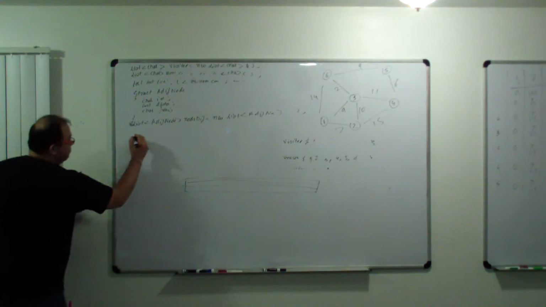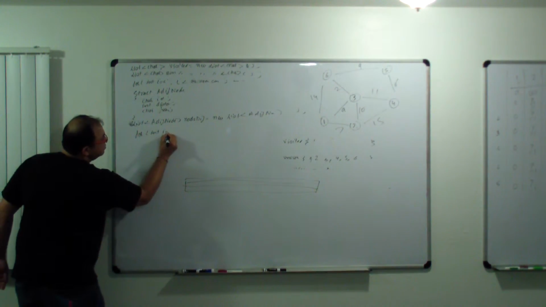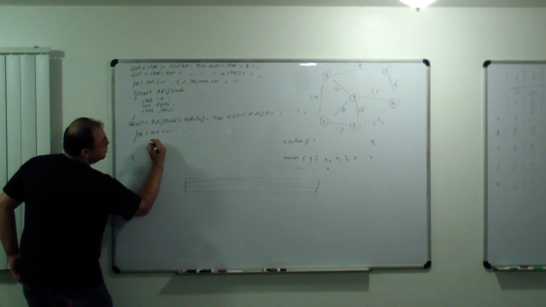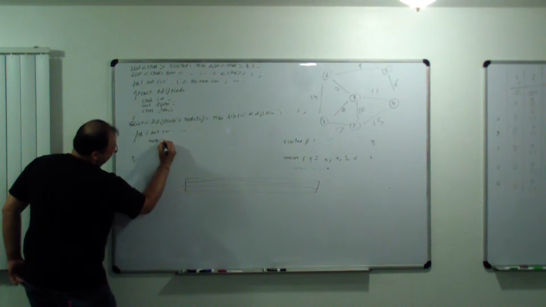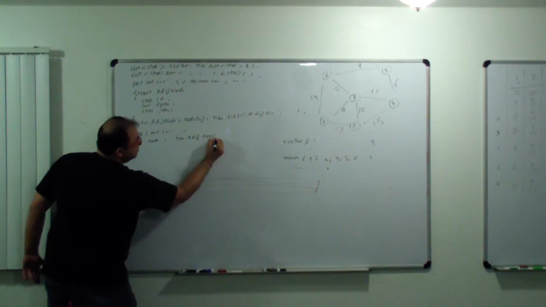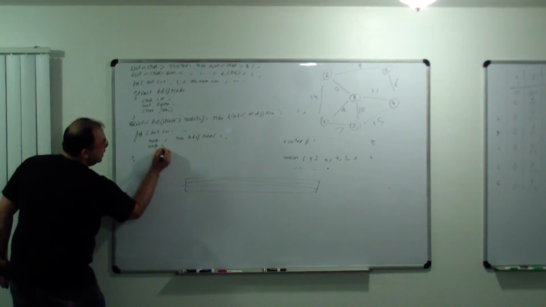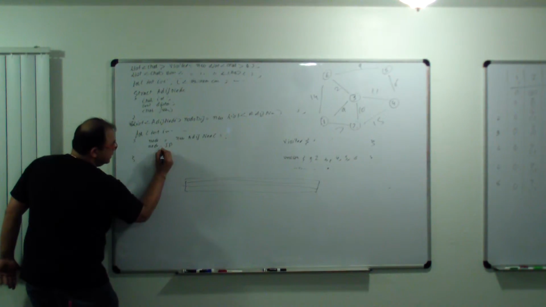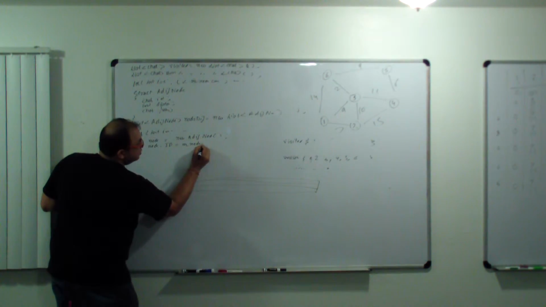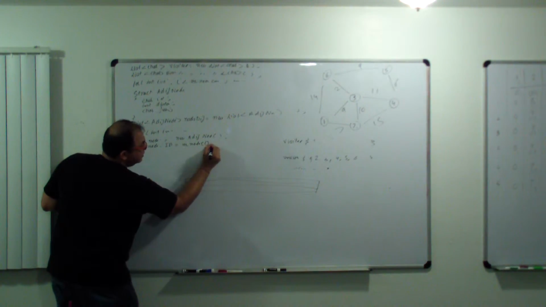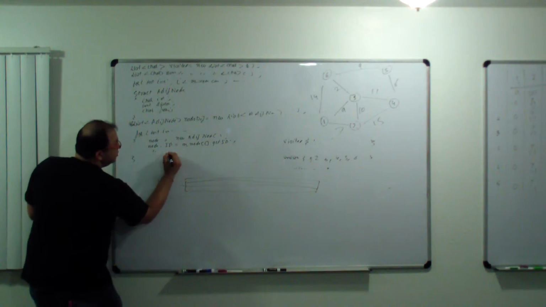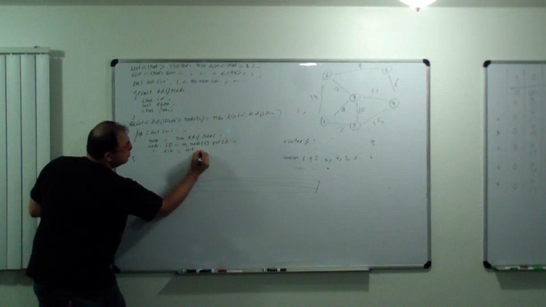And then we'll have a for int i is equal to 0, i is less than m count. What we will do is we'll create a node. Node is equal to new Dijkstra's node, and then node.id is equal to m_node[i].get id, and node.distance is equal to int.max.